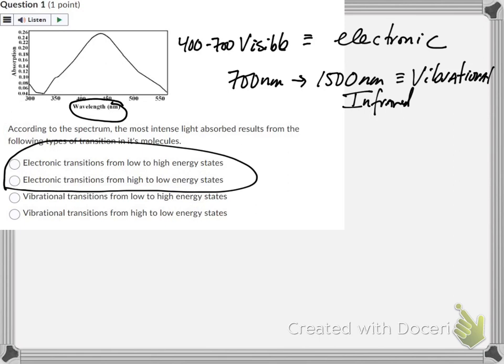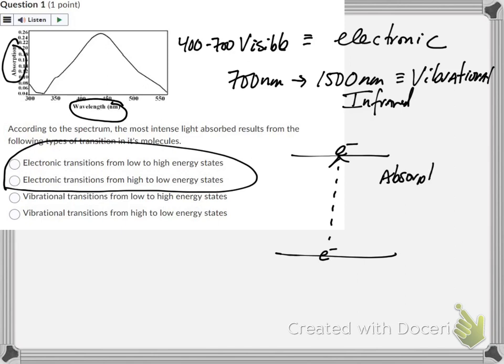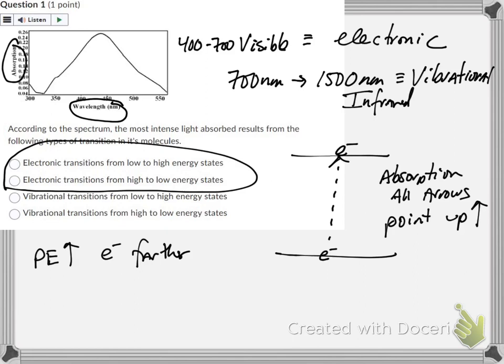And now, how do we know what's happening? Well, this has to do with the model of absorption. So the model of absorption is energy comes in via a photon, absorbed light or energy, and we're taking an inner orbit electron to an outer orbit electron. So all the arrows for absorption have to be pointing up, right? In this case, potential energy is going up because the electron is now farther from the nucleus.